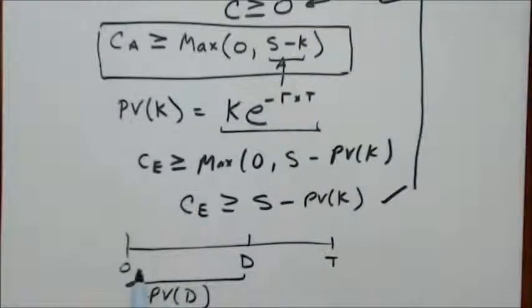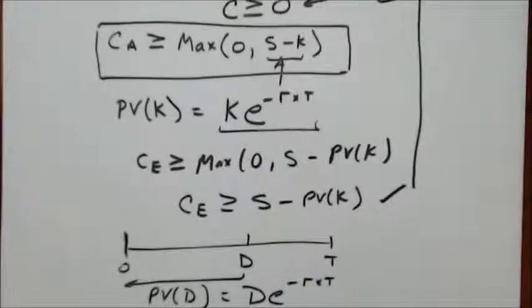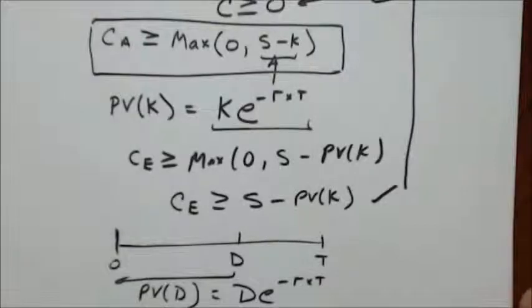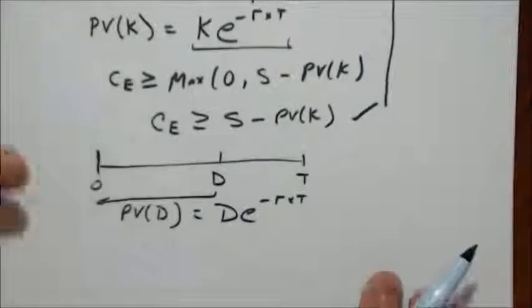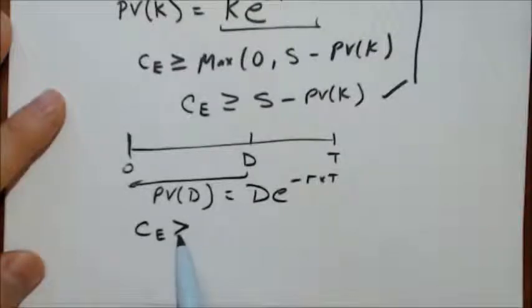Because we're not getting the dividend yet. If we're sitting right here, we don't have possession of the dividend, and we have to compute what it is worth today. And the present value of the dividend, in a similar fashion, is simply the dividend continuously compounded, discounted back at rate R over time period t, where R is the risk-free rate. So a European call option can look like this in terms of a formula.